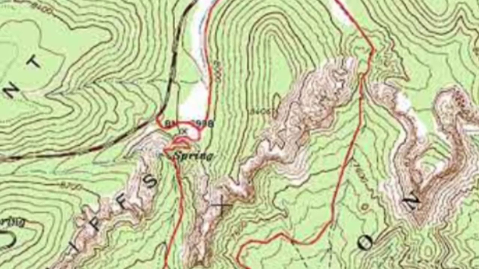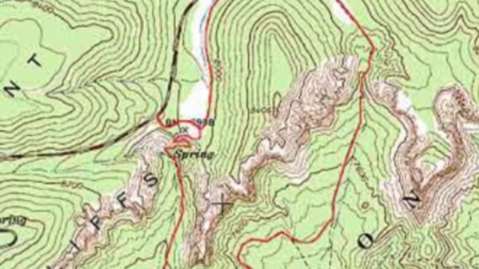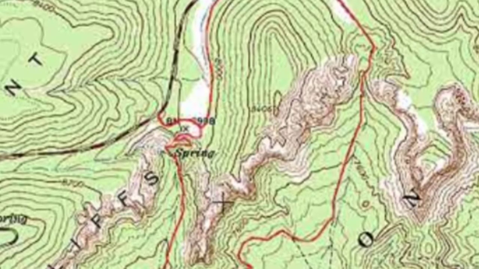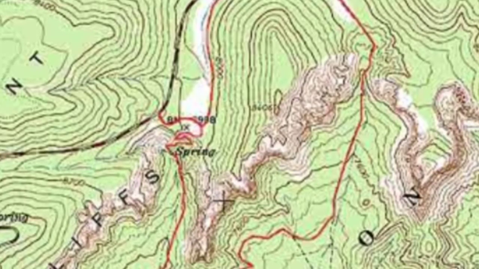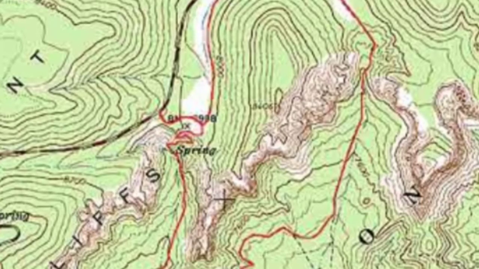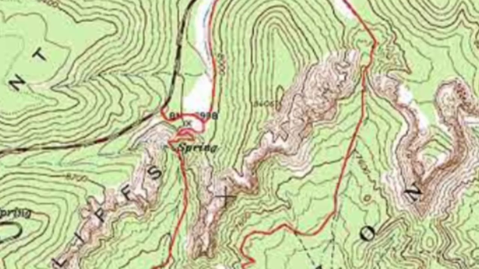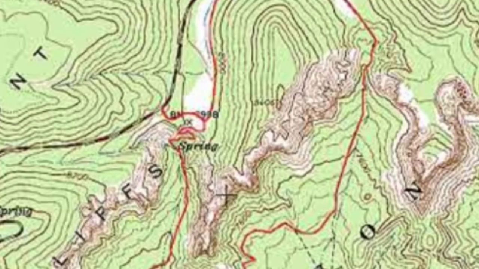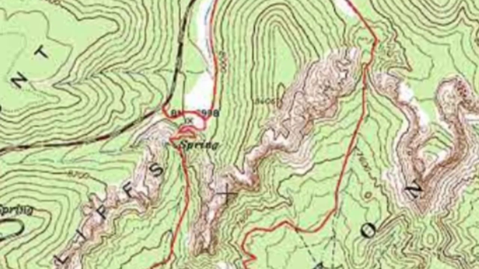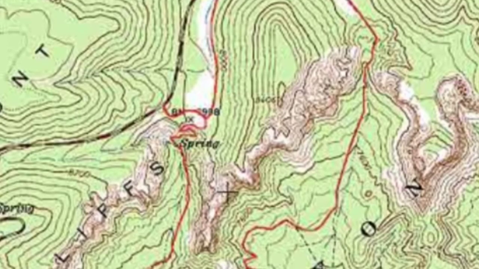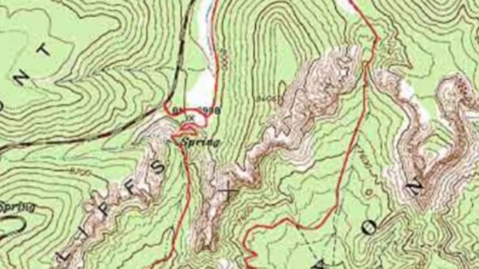Also, if you look over towards the left of the map, you can see that there's a stream, okay? And you see the word spring around it, okay? See how you see the V's going up? That's showing where erosion is occurring because of that stream running through it.